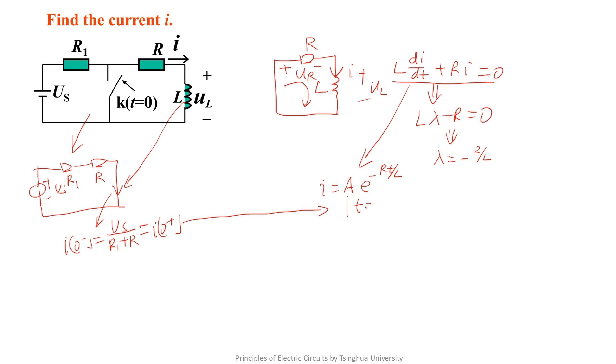Substitute it into this equation. When t equals 0, US over R1 plus R equals A. So, I equals US over R1 plus R multiplied by e to the power minus Rt over L.